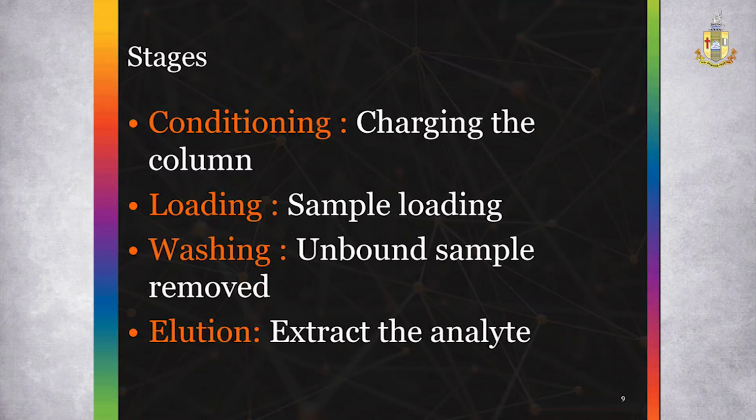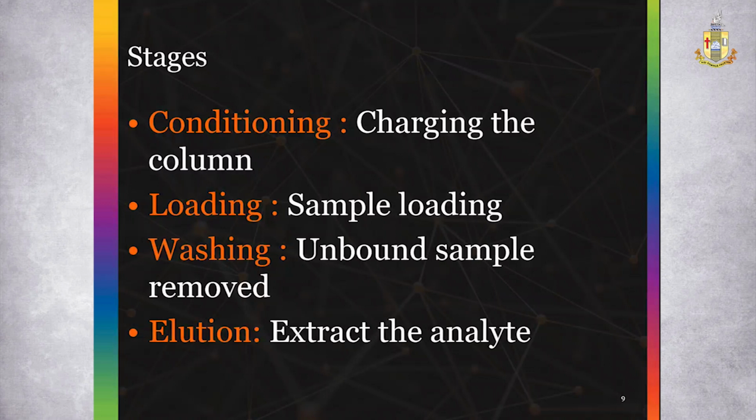The second stage is loading. Here we add the sample along with the running buffer. In the column, the cellulose matrix and fixed ions are present. If we load the sample along with the buffer, the sample may be positive, negative or neutral.